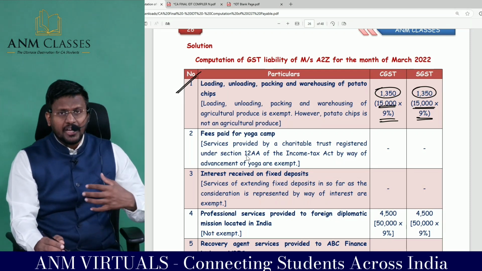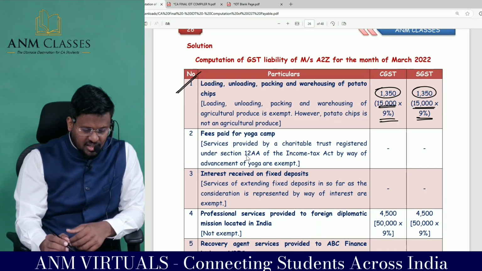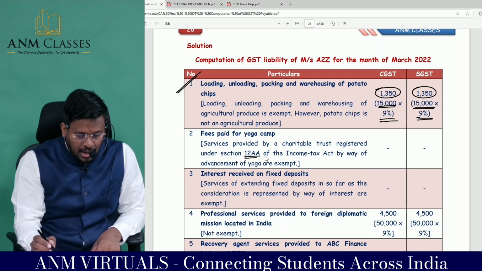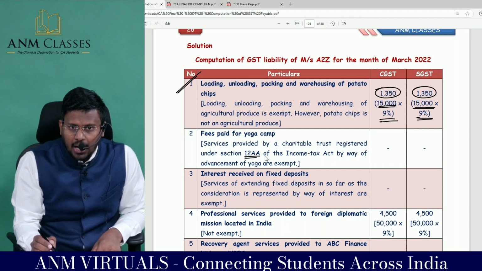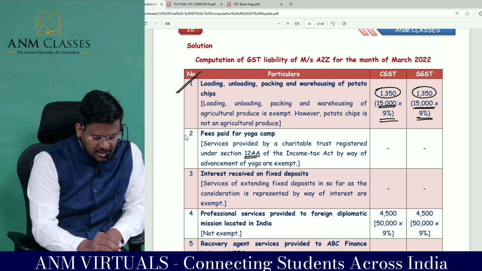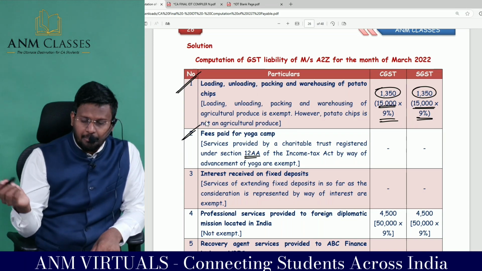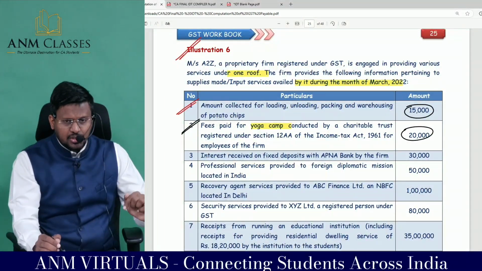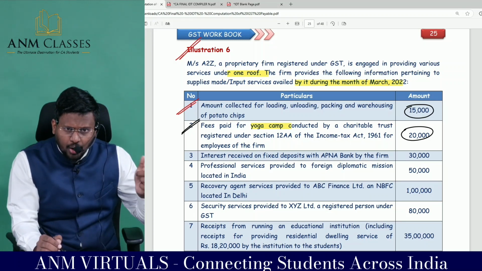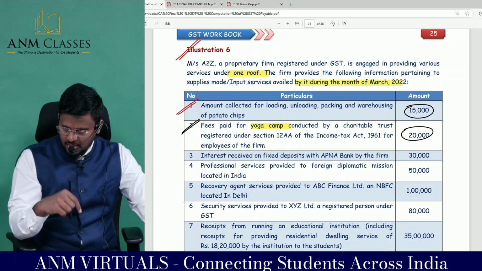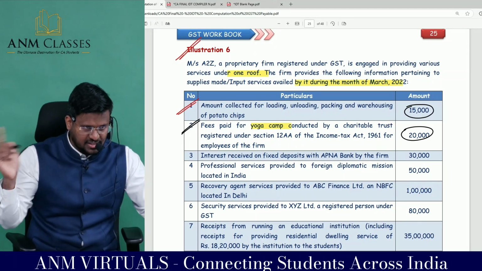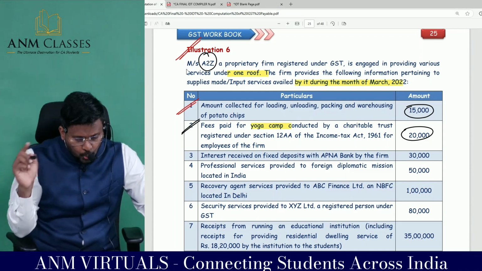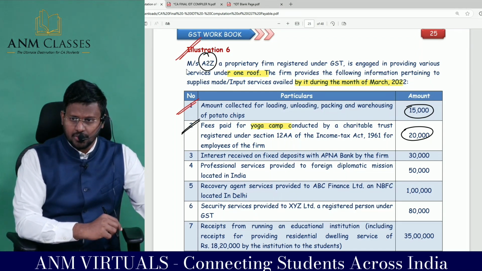Service provided by a charitable trust registered under section 12AA of the Income Tax Act by way of advancement of yoga is exempted. So fees paid for yoga camp are exempted, sir. You read it. Is this an inward supply or outward supply? Inward supply. Actually, they have paid the fees. This guy says Mrs. A to Z has paid to a charitable trust.